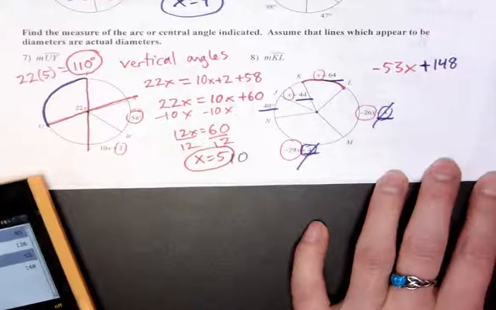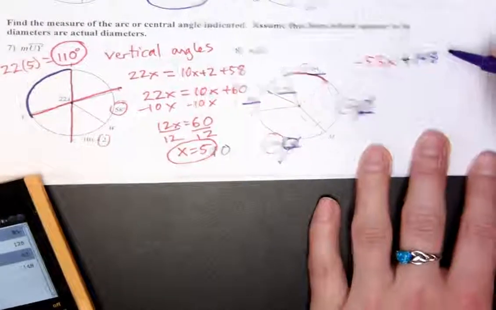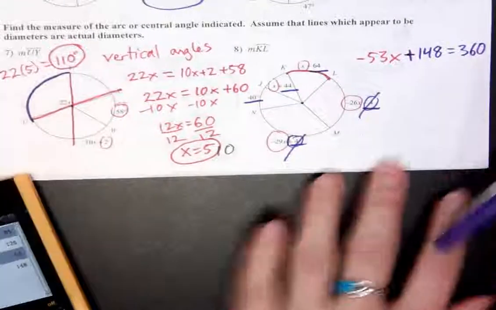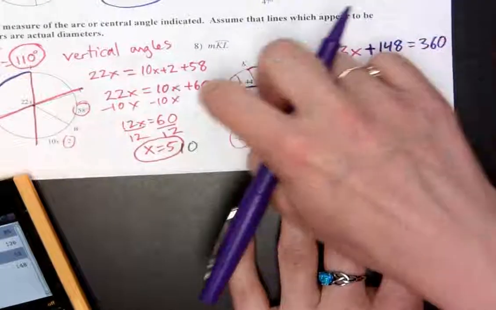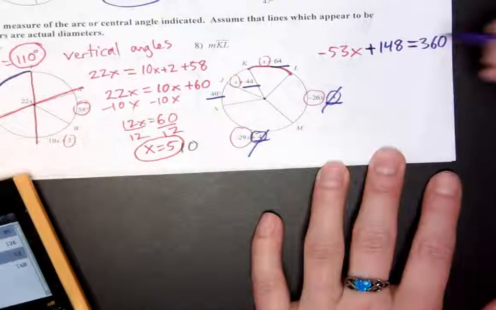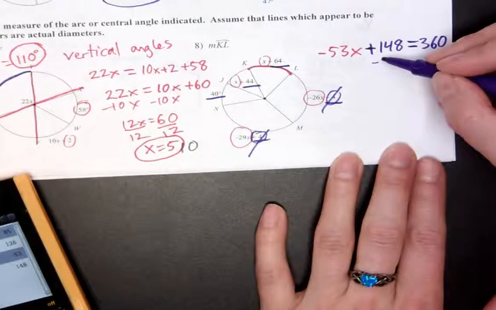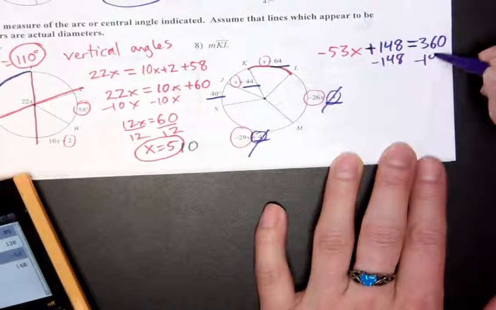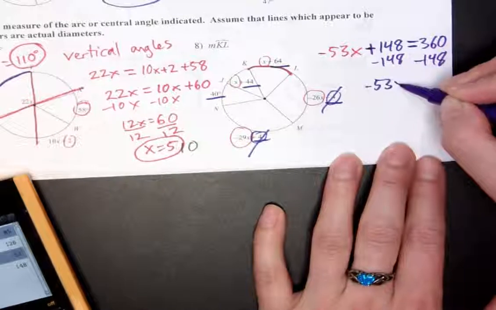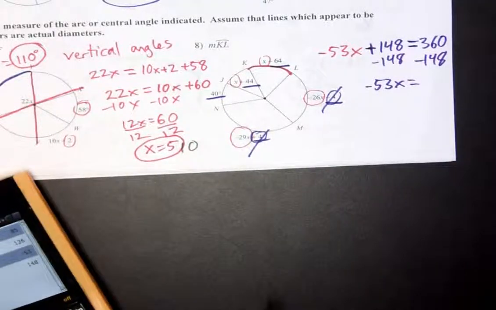So negative 53x plus 148 equals 360. Again, it's your choice if you like to write it all out or just take your calculator and add them from here. And then we solve it. These are harder. There always have to be some harder problems because this is high school. There's always a harder one.